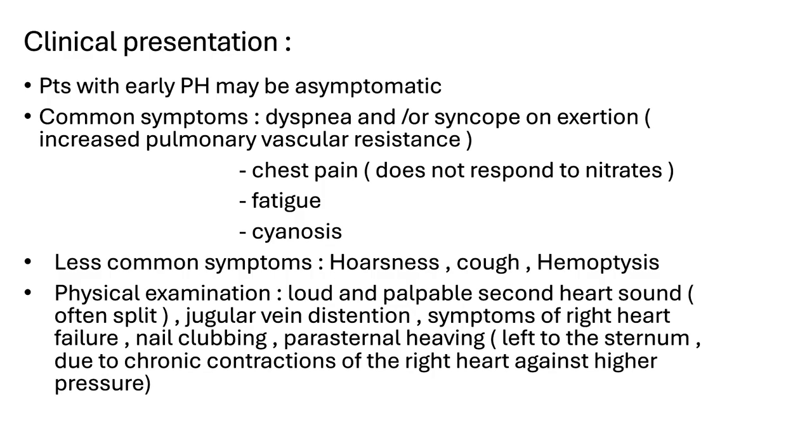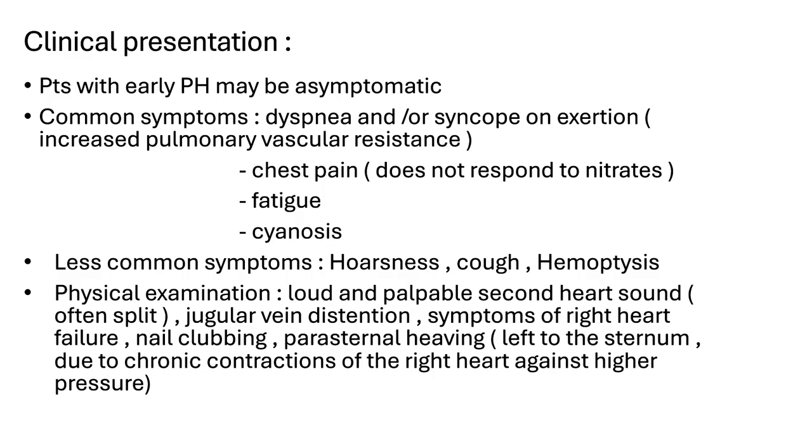Some less common symptoms include cough. It includes hemoptysis due to rupture of a dilated pulmonary arteriole. It can include hoarseness of voice due to left recurrent laryngeal nerve compression by a dilated pulmonary artery.